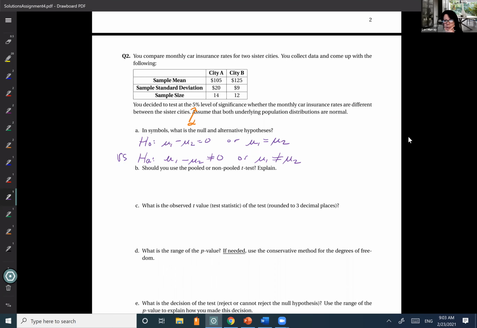Either one is accepted. And why did I put does not equal? Keyword right here. Going to highlight it. Different. Right? So are the car insurance rates different between the two?